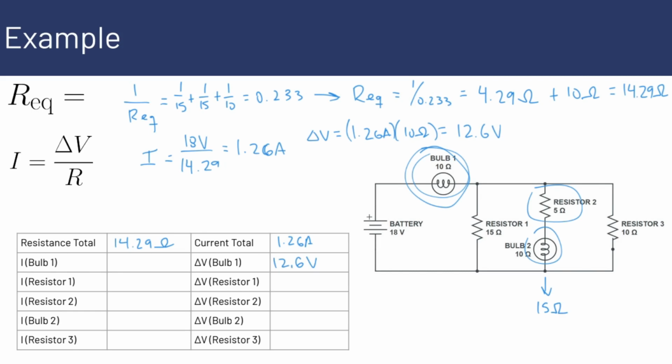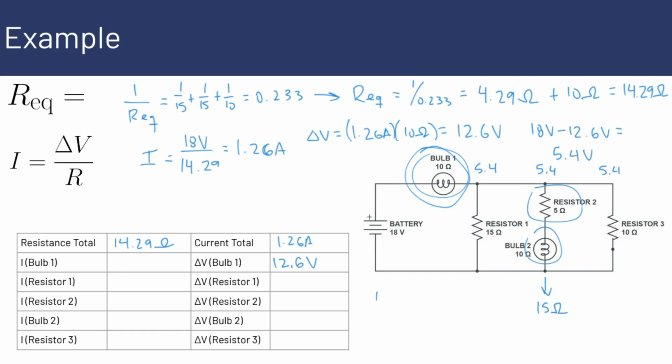Now, we need to figure out how much voltage we have for each branch of this circuit. So we have 18 volts minus 12.6 volts, which gives us a remainder voltage of 5.4 volts. So each of the parallel branches has a voltage available of 5.4 volts, and they all share that voltage.